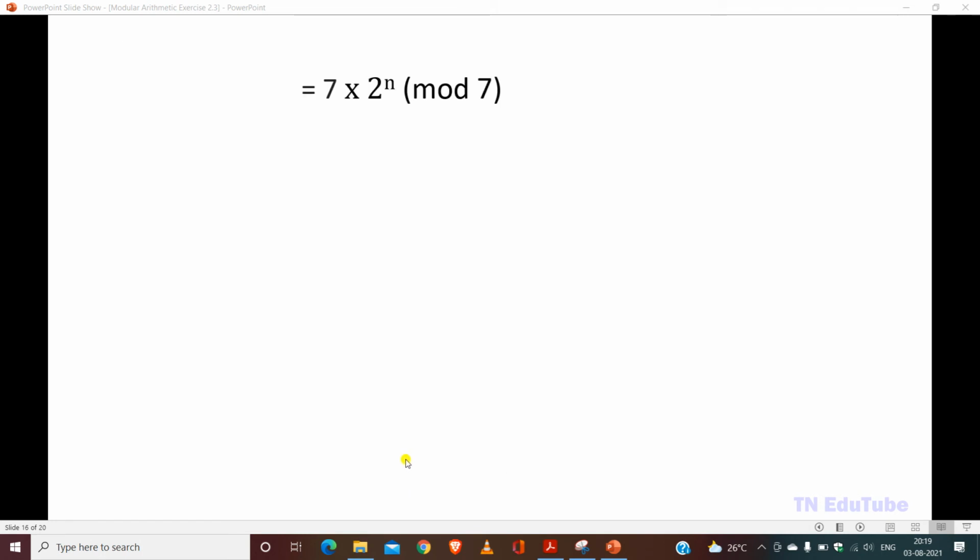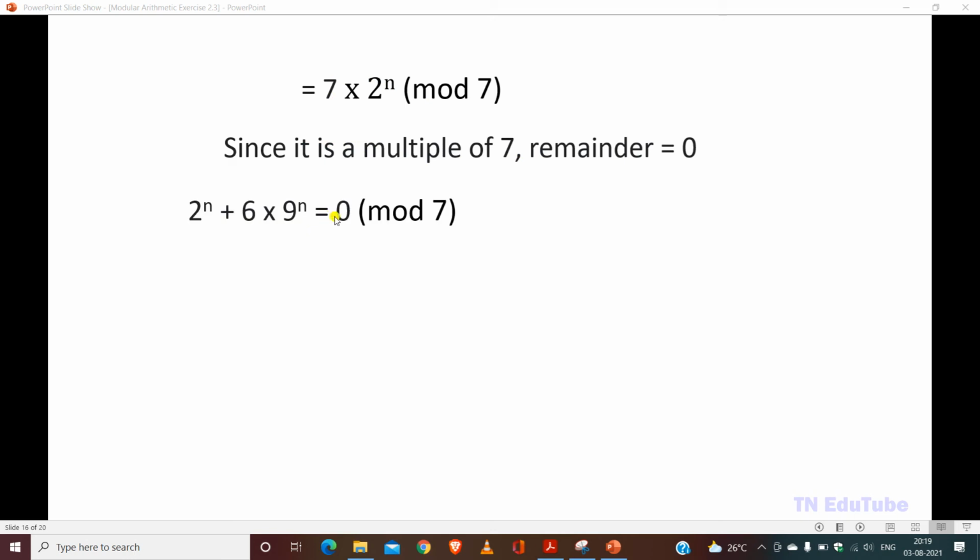So totally you get 7 into 2 power n mod 7. Since it is a multiple of 7, it is divisible by 7, isn't it? So the remainder is 0. It is a multiple of 7, so you get the remainder 0. So we can write it as remainder 0 mod 7. So from this we understand that it is always divisible by 7. That is the answer for this given question.